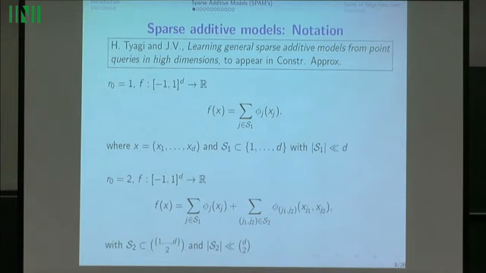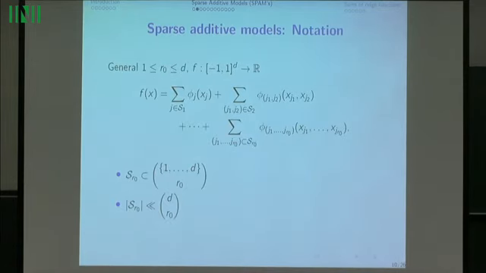Well, that can be easily generalized to higher R's. So you have the univariate, the bivariate component, up to the R0-variate component, meaning there are R0-variate functions which are indexed by some tuples from 1 to d and depend only on the variables which appear here.